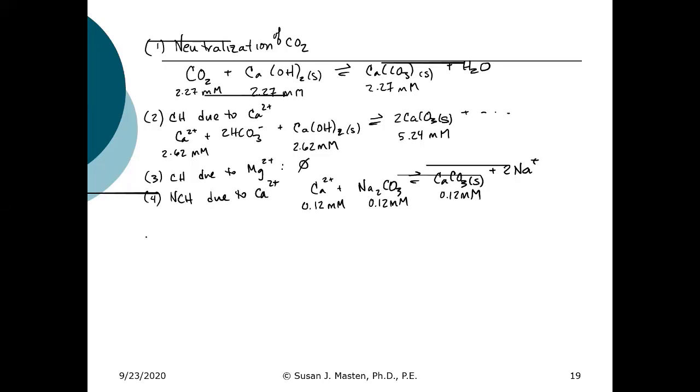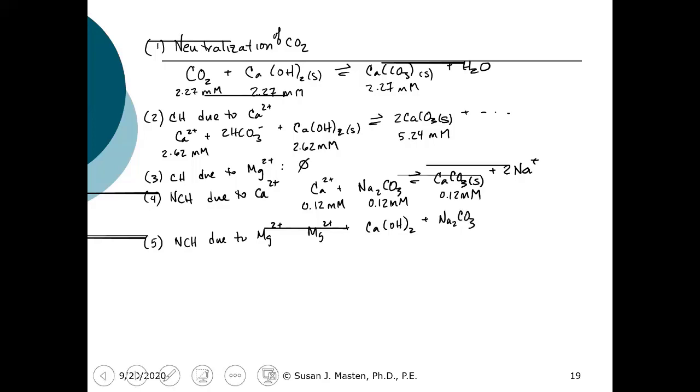If you don't mind, we've got one more reaction and it won't take very long to finish this. The last one we have is non-carbonate hardness due to magnesium. So we have magnesium, and there we're reacting that with lime plus soda ash.